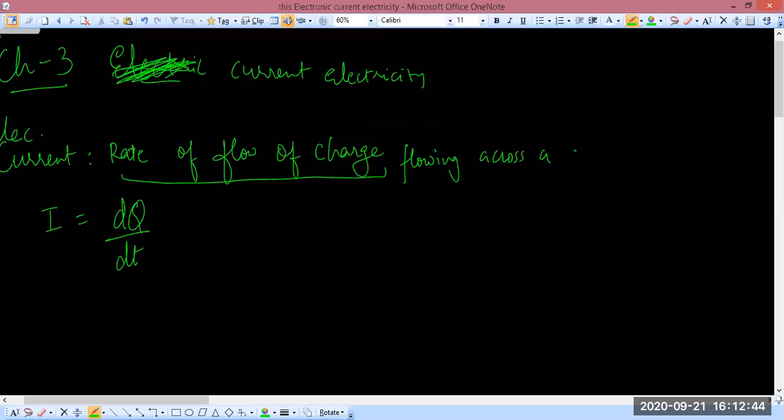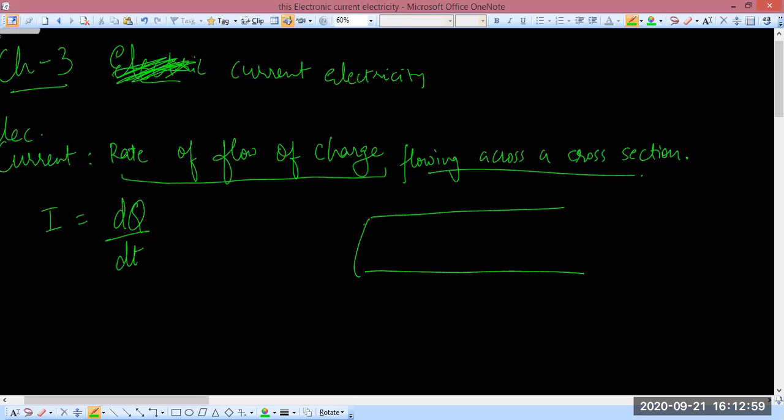So suppose this is some wire in which current is flowing, or charge is moving. If you mark one cross section, then in unit time, how much charge will cross from one side to the other side, either way. It's actually supposed to be net, that is total charge flown.